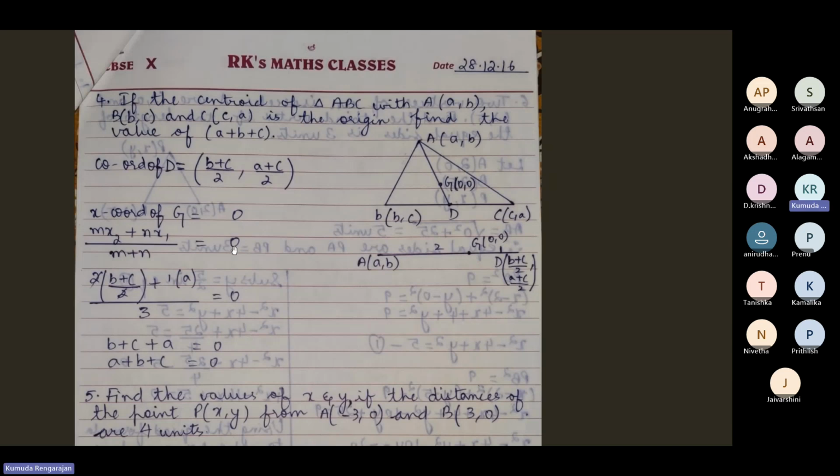So 2 into (b plus c) by 2 plus 1 into a, by 2 plus 1, 3, is equal to 0. So when you work this, you see that a plus b plus c is equal to 0. You will get the same result using any median, AD or from B or from C.